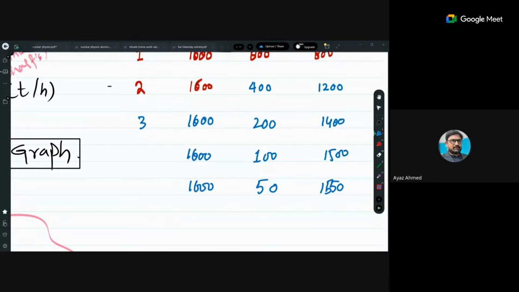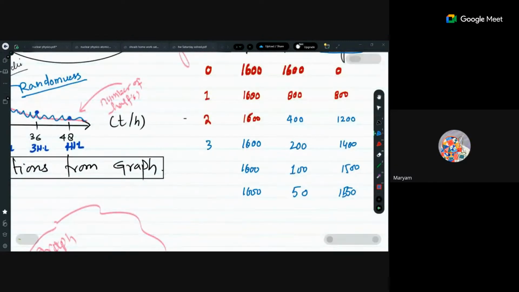How, from the third half life to the fourth half life, is there just 1500? Shouldn't it be 1600, like the total thing? Check, it is 1550. So when you add these two, your number must be 1600. Simple as that.